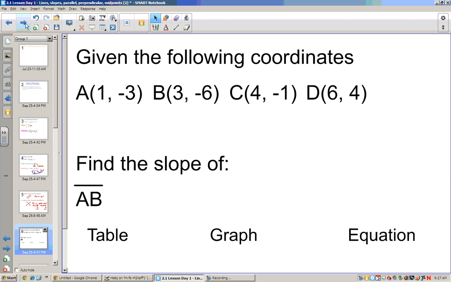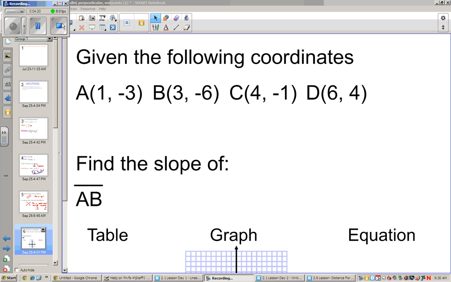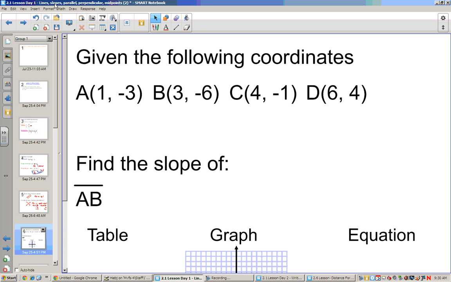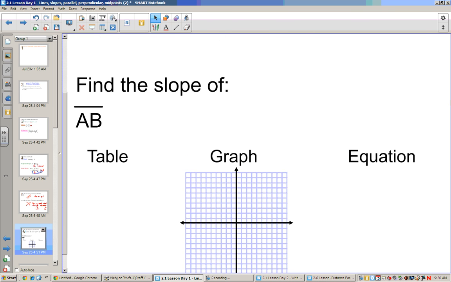All right, now these are 4 points, and we want to first find the slope of AB. There's a few ways that we can find the slope of the points A, B. The first way is to put them in a table. These are your x coordinates, these are your y coordinates.